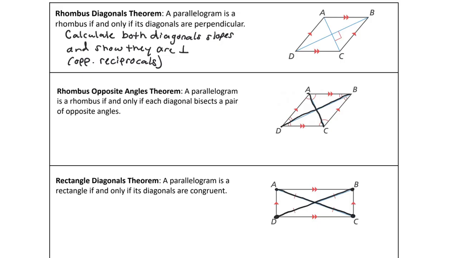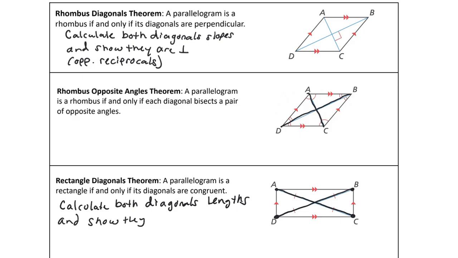So we would be calculating their lengths, so we would calculate the distance. So calculate both diagonals' lengths and show they're equal. Right, that's the distance formula for both diagonals.